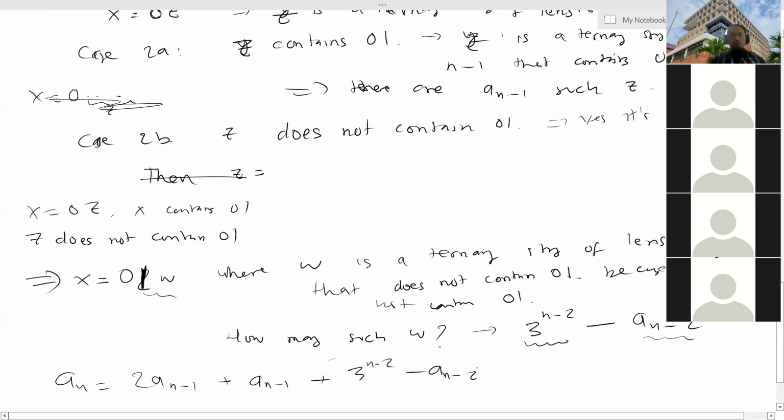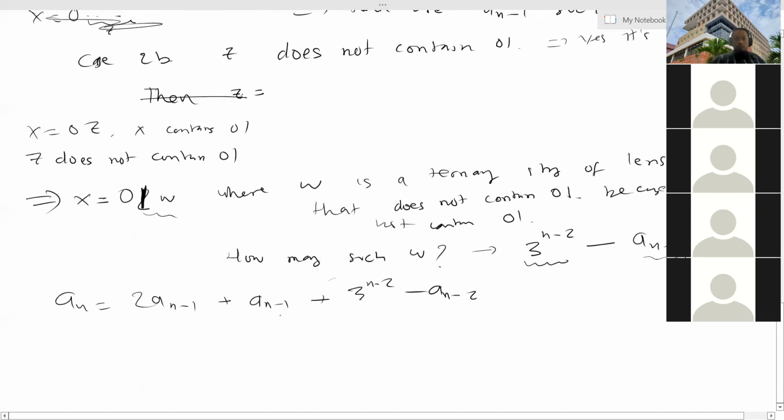In other words, a_n is 3a_{n-1} minus a_{n-2} plus 3^{n-2}. So let's check here. a_0 and a_1 are both 0. Yeah, we know that. So what about a_2? Is it correct? a_2 is, of course, 3 times 0 minus 0 plus 3 to the power of 0, which is 1.